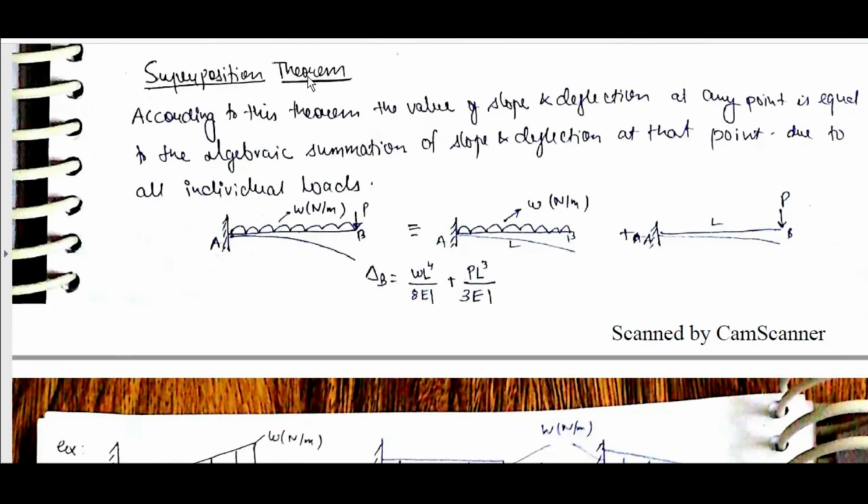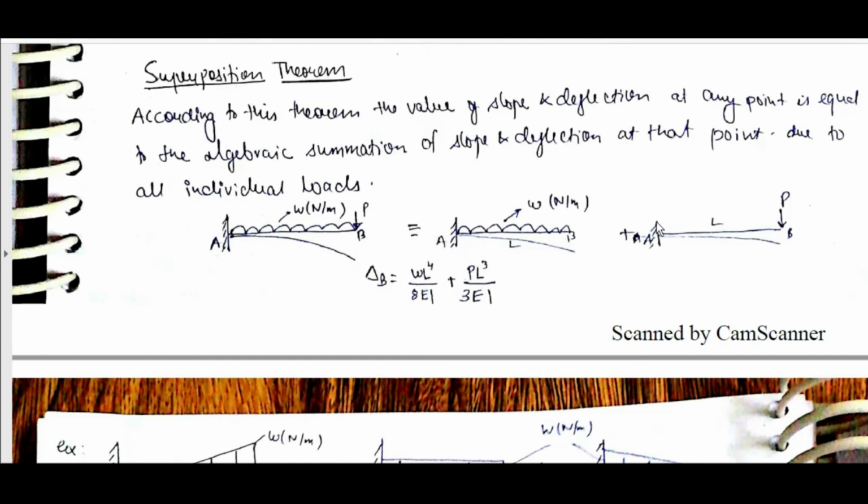Another theorem, superposition theorem. According to this theorem, the value of slope and deflection at any point is equal to the algebraic summation of slope and deflection at that point due to all individual loads. For example, take this cantilever beam which has a uniformly distributed load and a concentrated load, which is equivalent to separating these two loads.